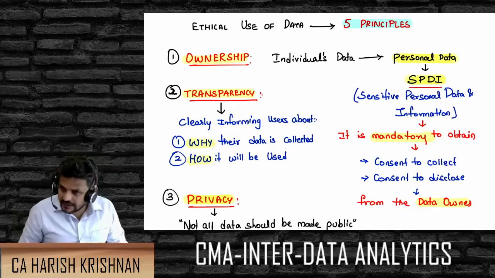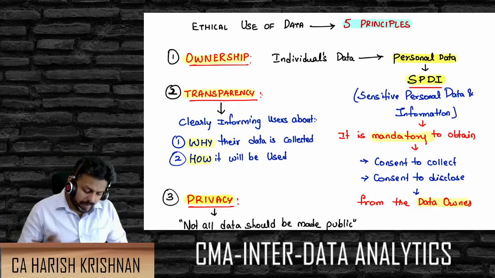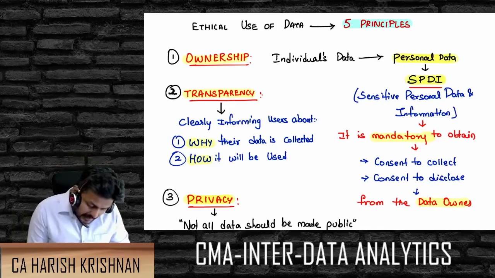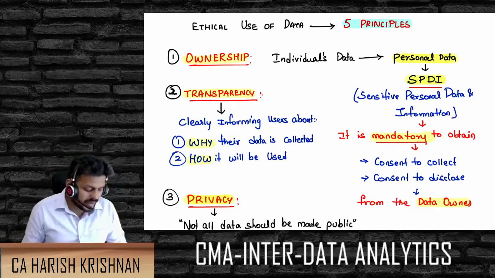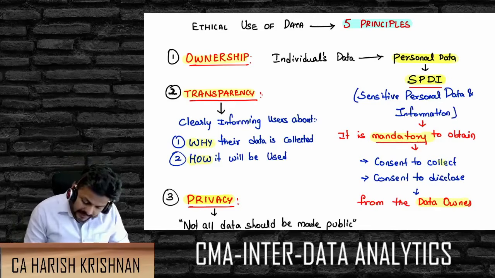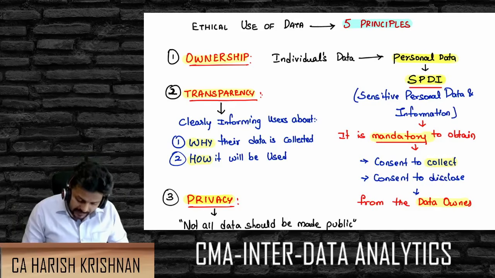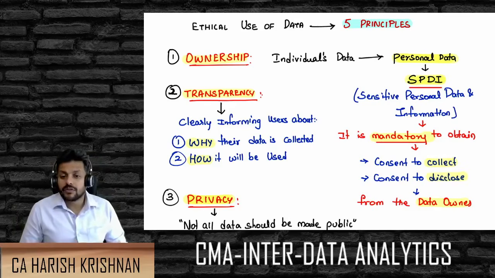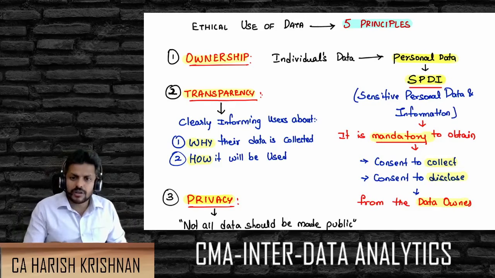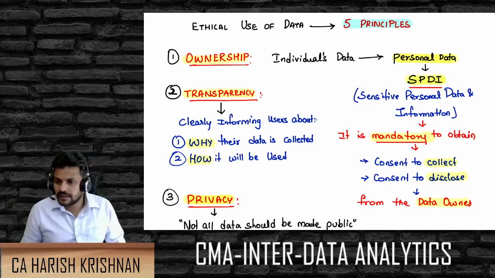If you are collecting that, the ownership of that data no doubt belongs to the entity, but before you do that, it is mandatory to obtain two things. What is that? A consent to collect the information from the user, and a consent to disclose. Okay, so consent to collect and consent to disclose from the data owner are two very essential aspects of collecting the data.